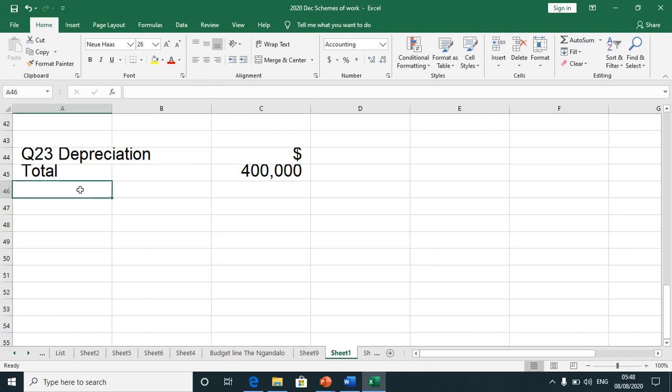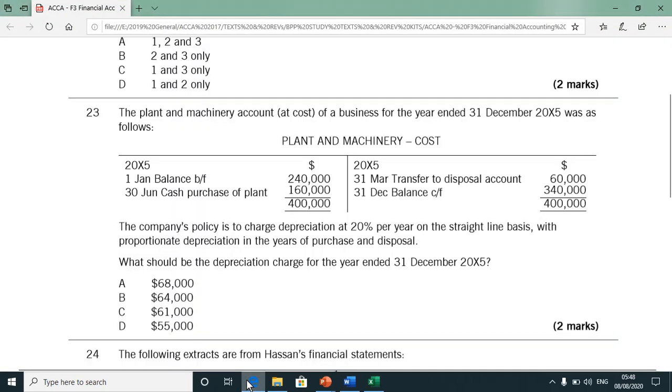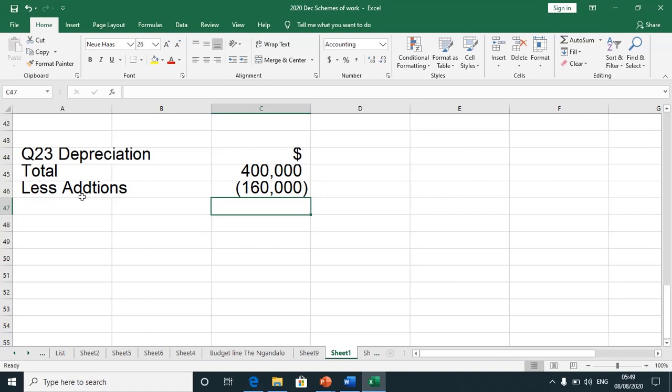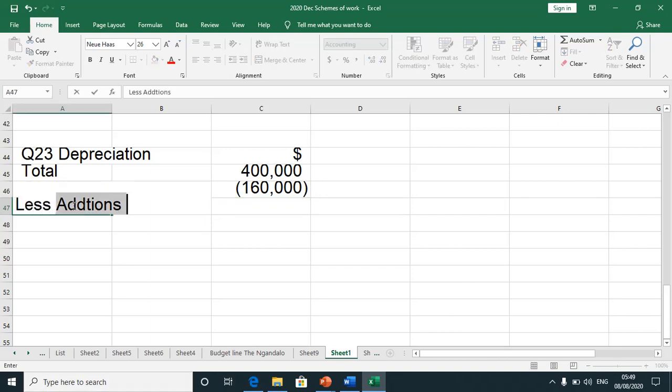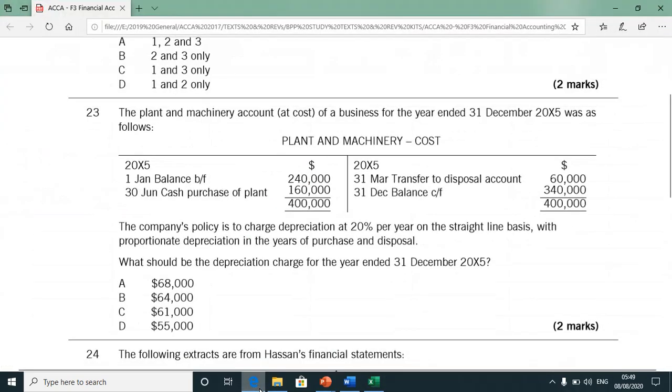Really, you can less the additions, what you bought during the year, which is one asset with 160 during the year. What else do we have? Again, less transfers or disposal, the value of disposed assets. We disposed assets with 60,000.